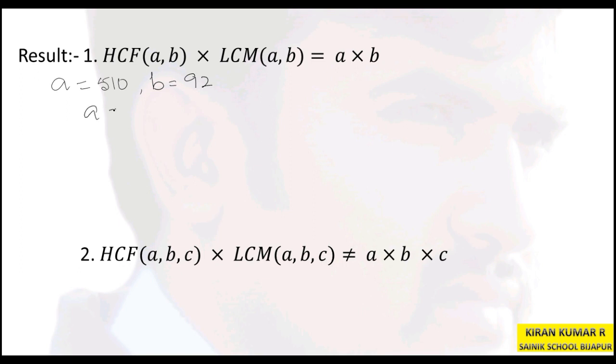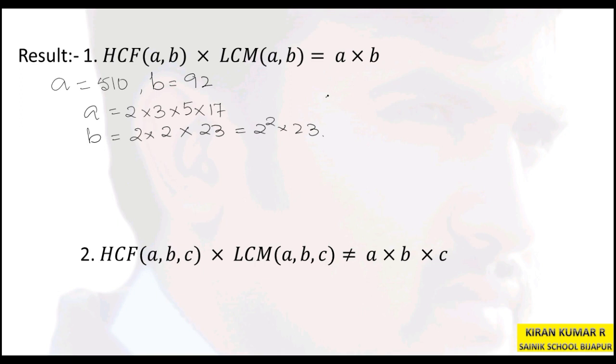Let us find the prime product of 510, which is 2 into 3 into 5 into 17. And for 92, it is 2 into 2 into 23, which is 2 square into 23.